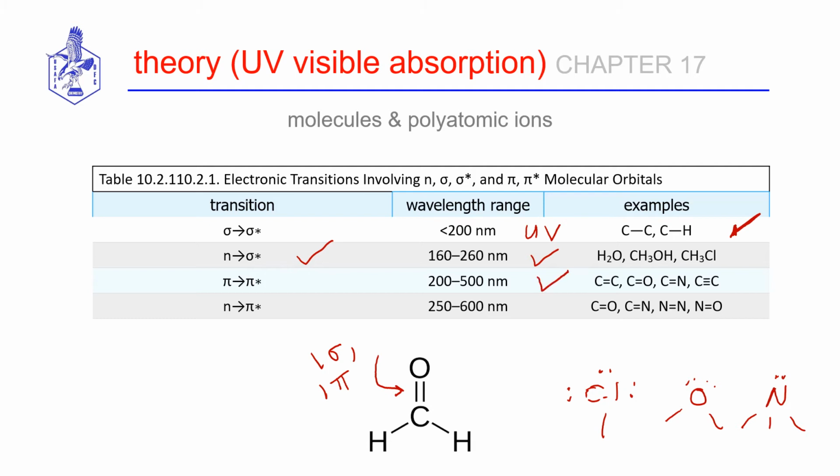These occur down in the visible. So a pi to pi star transition traditionally happens between 200 to 500 nanometers, such as in these features of a molecule. And if we go from a non-bonding orbital to a pi star orbital, that can extend up into 600 nanometers.